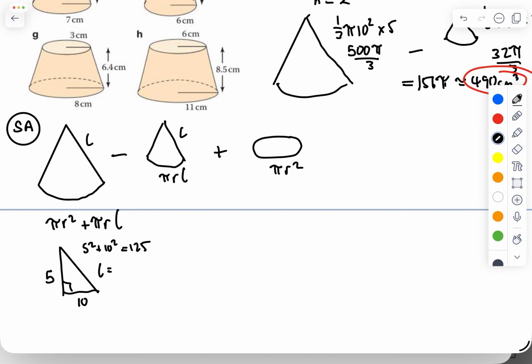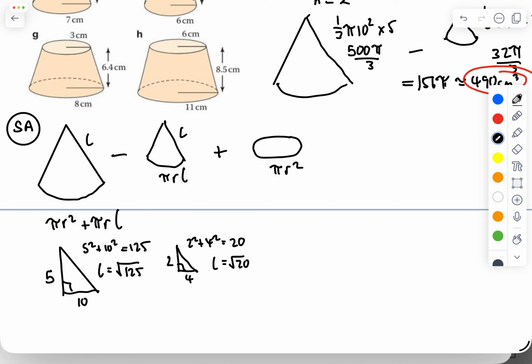So L equals the square root of 125. I need L for the small triangle as well. For the small triangle, same thing. I know that that's 4 wide and it's 2 tall. So I've got 2 squared plus 4 squared. That gives me 20, and therefore L is the square root of 20.